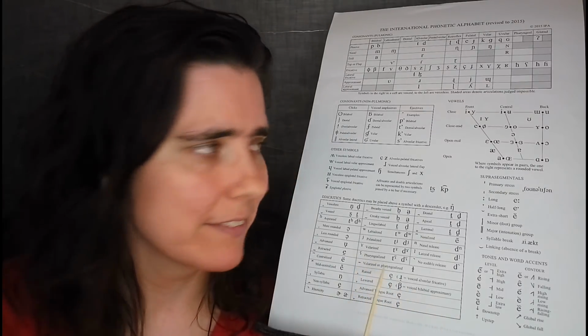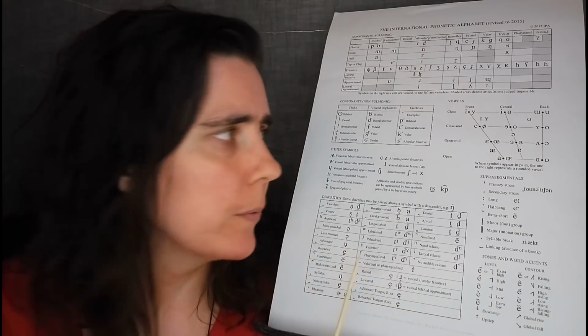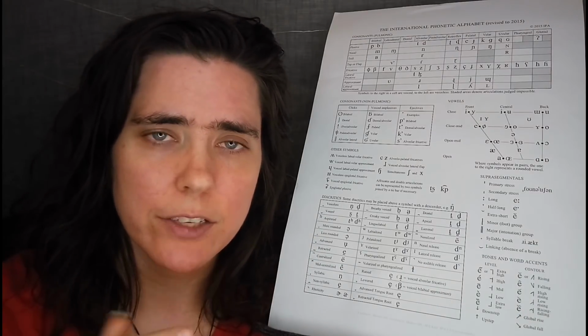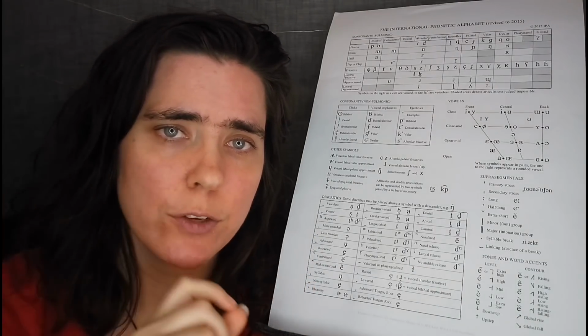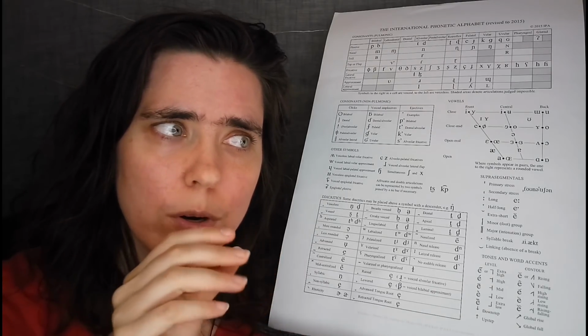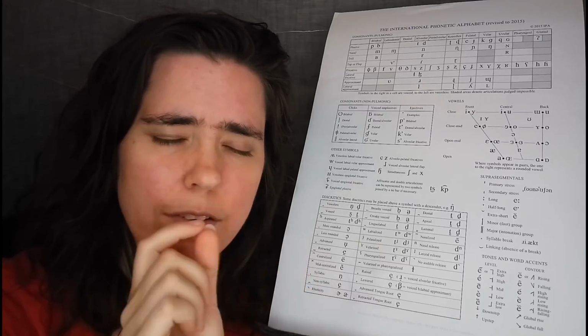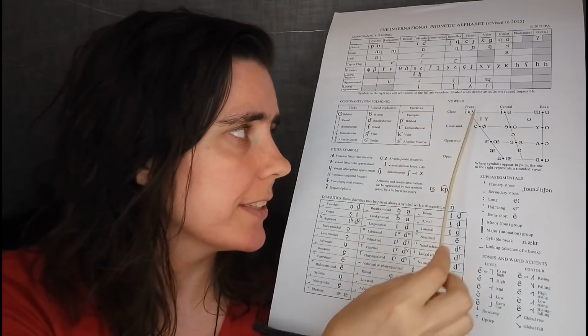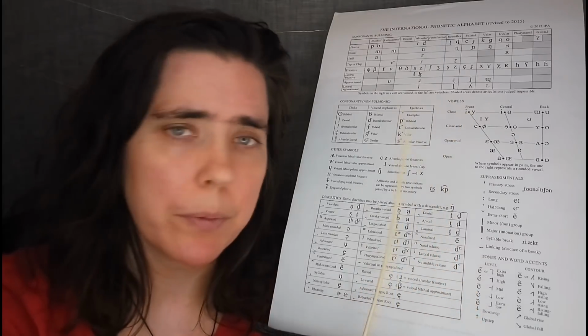But I'll let you know, particularly with American English, what words you can kind of use as a trigger word for getting you into the vowel sound. So we may as well start just right here at the very top.